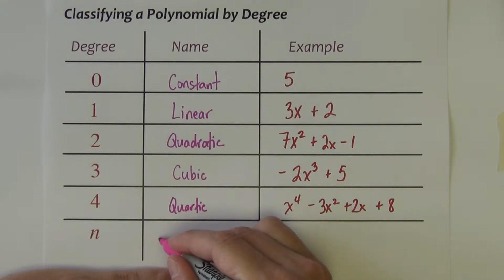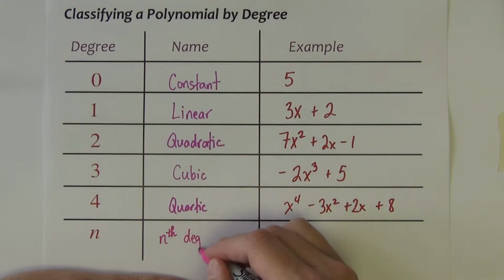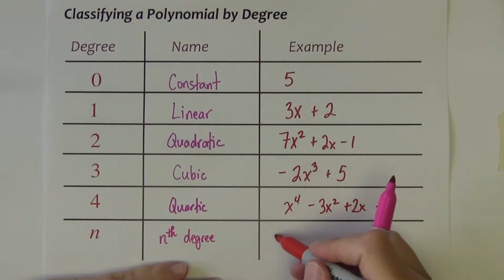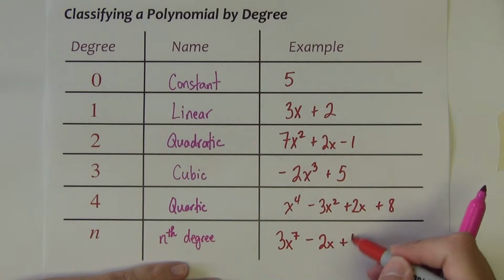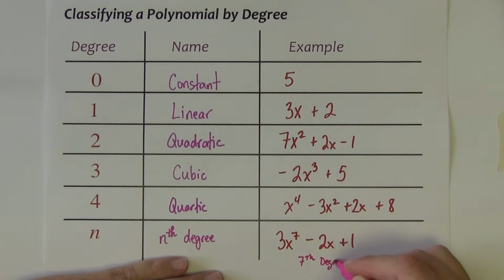I would just call these nth degree. So for example, if I were to give you 3x to the 7th minus 2x plus 1, we would all just call this 7th degree, instead of worrying about a name for a 7th degree polynomial.